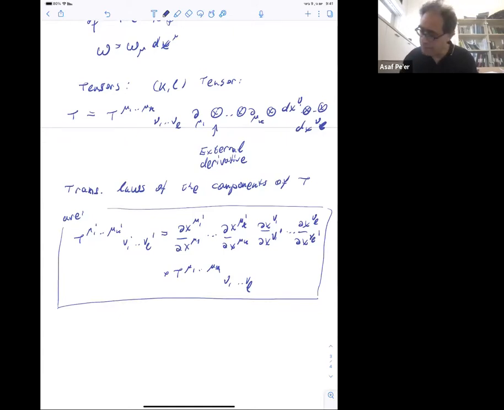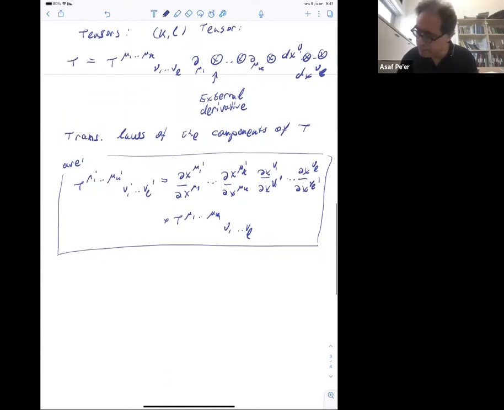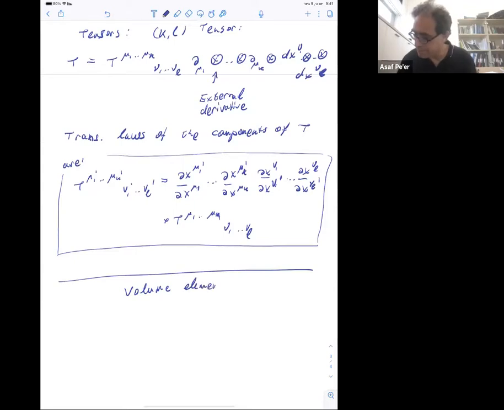And then the last thing I had time to discuss was the volume element, or invariant volume element. We want to get a volume element that does not depend on the specific coordinates that we're choosing.